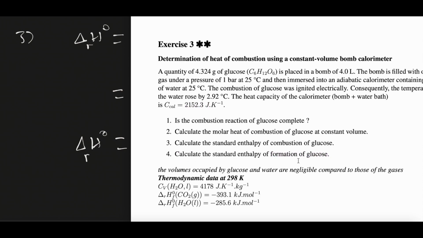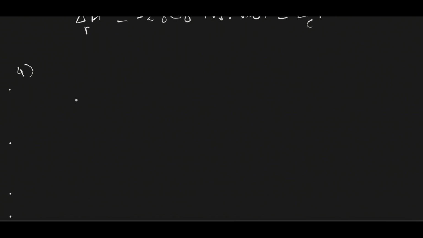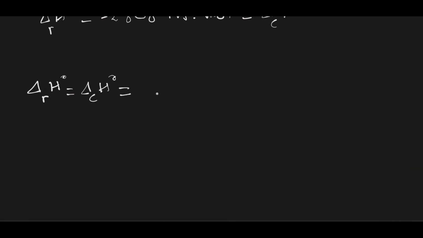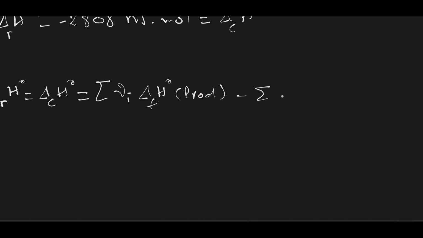In the last question, we are going to calculate the standard enthalpy of formation of glucose. Here we have to use Hess's law. We know that the standard enthalpy of reaction, or the standard enthalpy of combustion of this reaction of glucose, is equal to the sum of the standard enthalpy of formation of the products minus the standard enthalpy of the reactants.